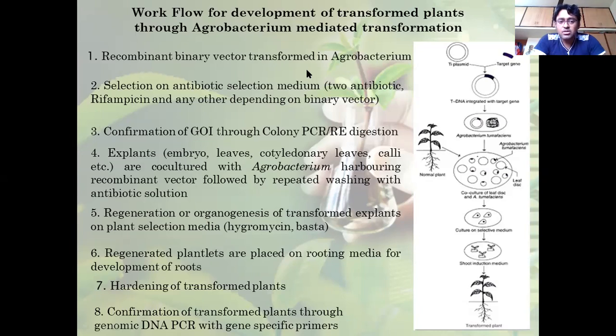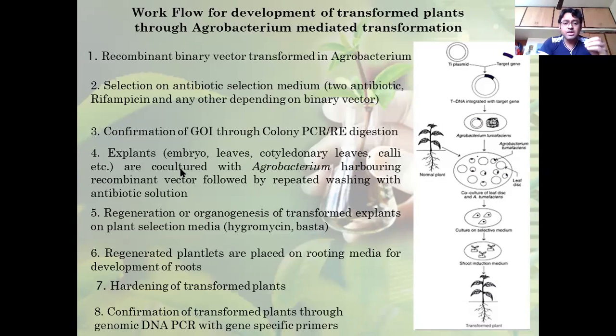Once we confirm that this Agrobacterium strain possesses the binary vector, my gene of interest cassette, then we require explants to co-culture with this Agrobacterium strain. Explants means the plant parts which are able to produce a total plantlet. That means they are able to produce a complete, single plantlet.